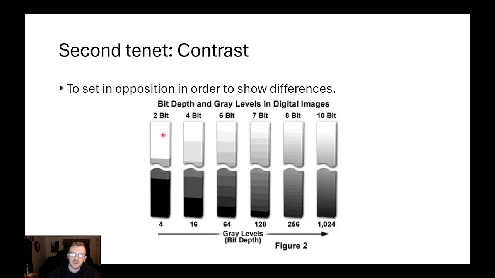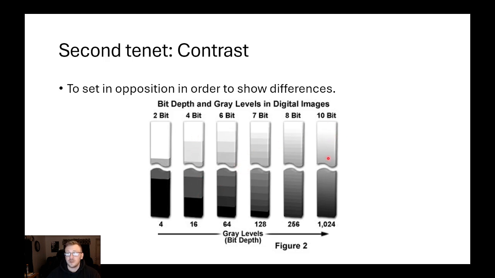Bit depth is the separation between white and black. So you can think of white as 0, black as 1. And then we get shades of gray in between. And so the more bit depth that you have, the more shades of gray you'll have in between that 0 and 1 binary white or black.